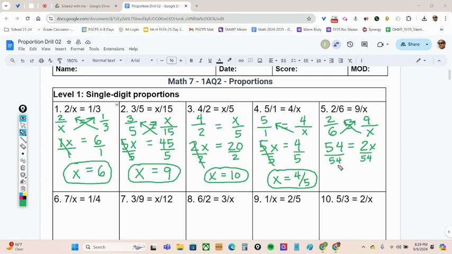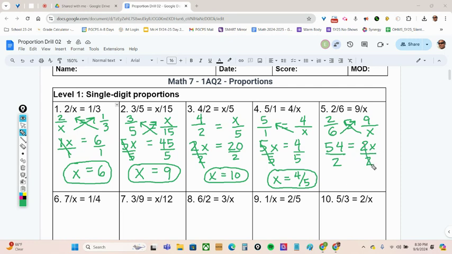That would be wrong, because the 54 does not have the x next to it. Okay? So, what are we supposed to do? It doesn't matter what side it's on. We still divide by the 2 because it's next to the x.